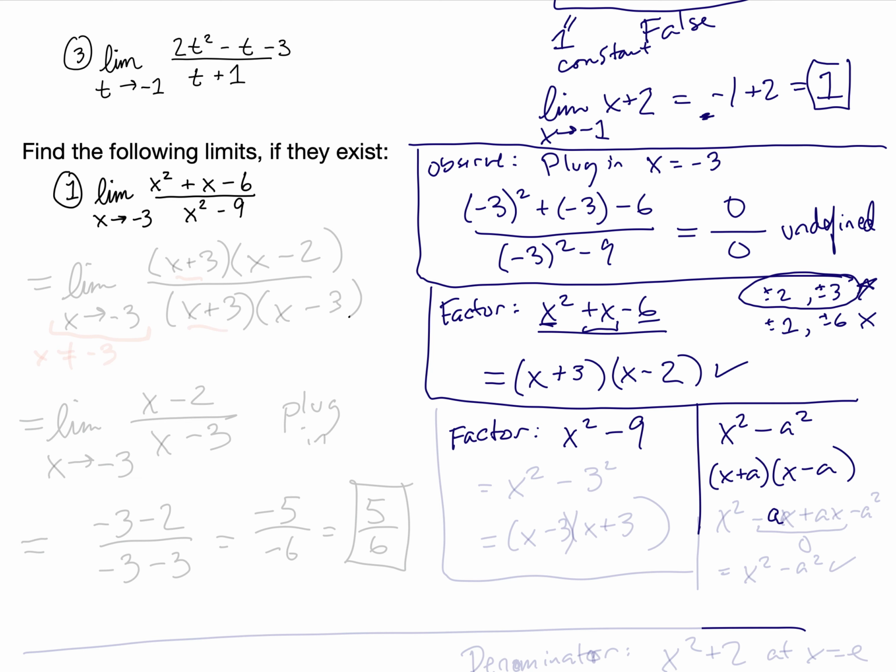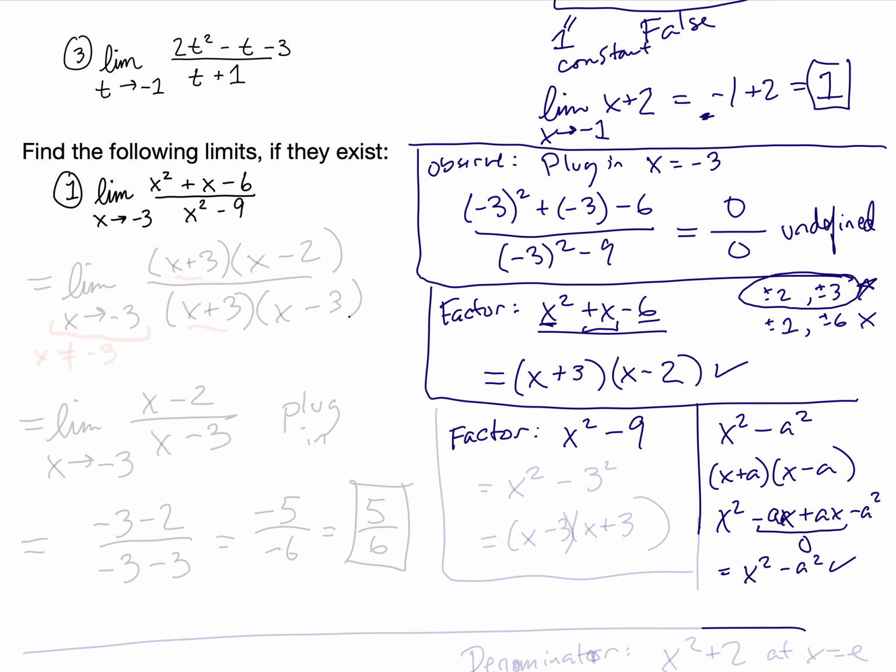That's because the firsts will multiply to give us x squared. The outers and the inners will give us negative ax plus ax. And the lasts will give us a negative a squared. And we see that the two middle terms cancel each other out. So this is 0, and this is x squared minus a squared.